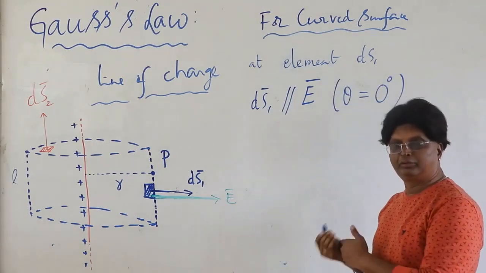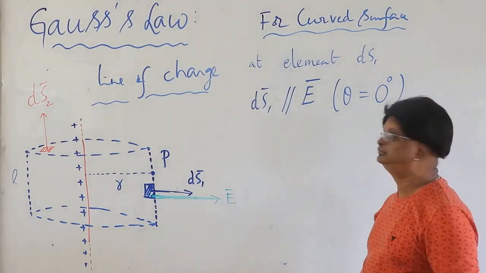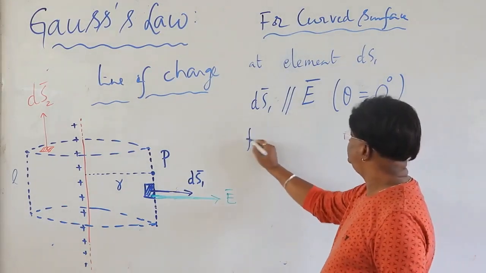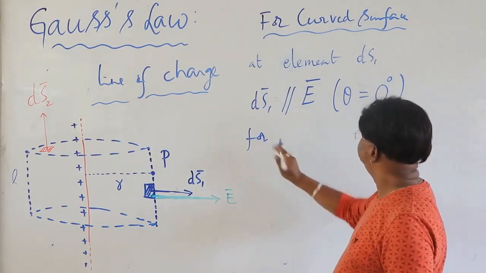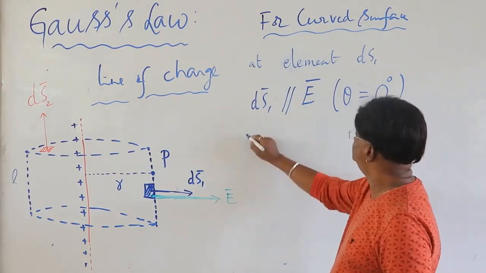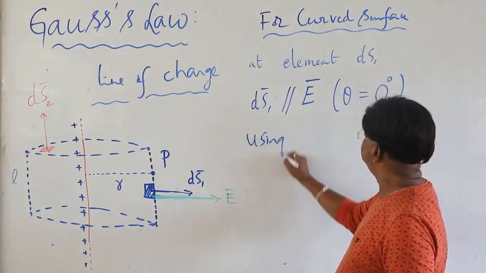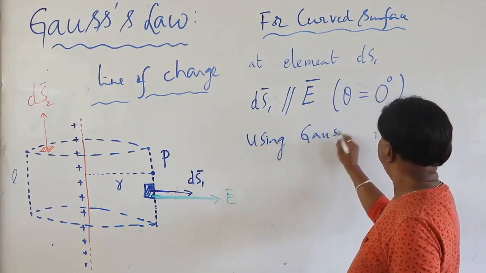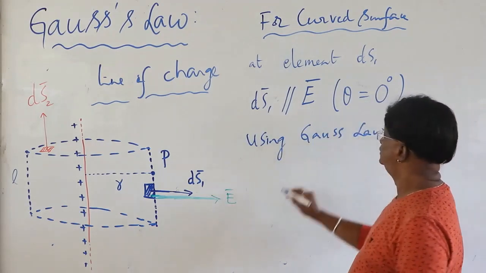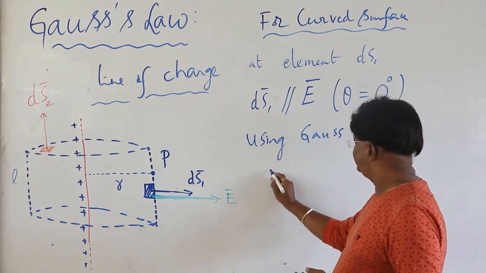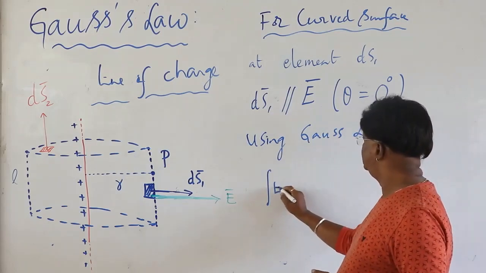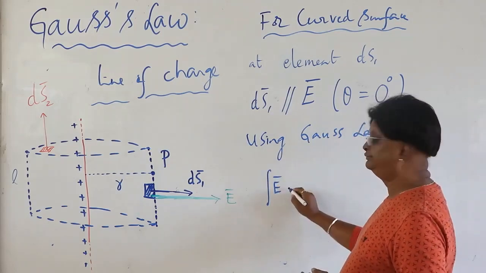Now let us write the Gauss law. What is Gauss law? Yes, it is integral E bar dot ds bar.